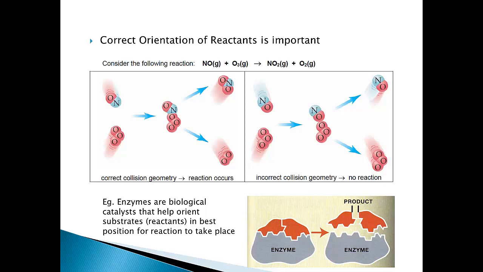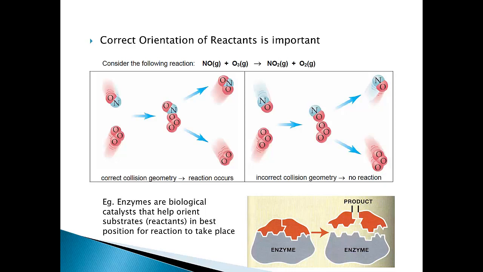So we've got nitrogen monoxide and some ozone, and we're going to produce some nitrogen dioxide and some oxygen gas. We need the oxygen atoms to collide with the nitrogen for the reaction to proceed. If the oxygen atoms collide with another oxygen atom, then we're not going to have the reaction proceed. So we need the correct geometry as well.